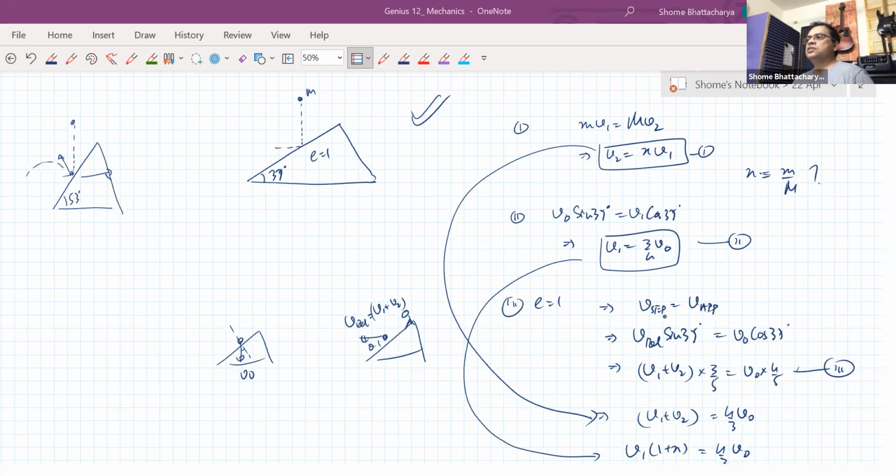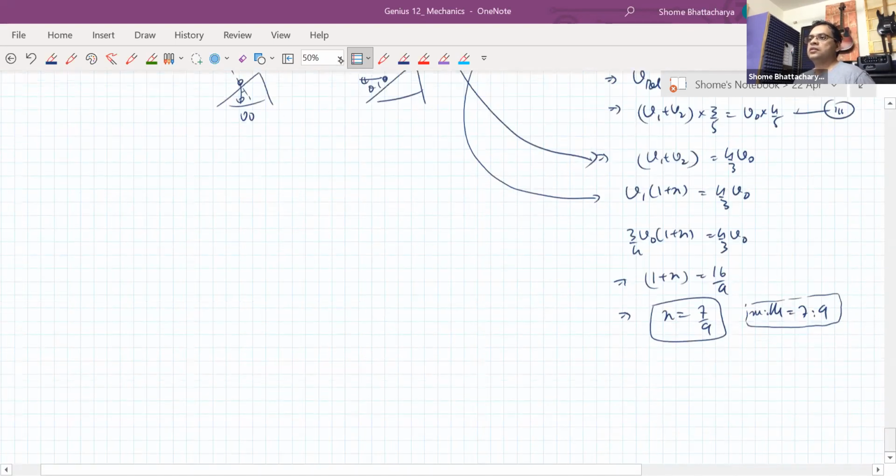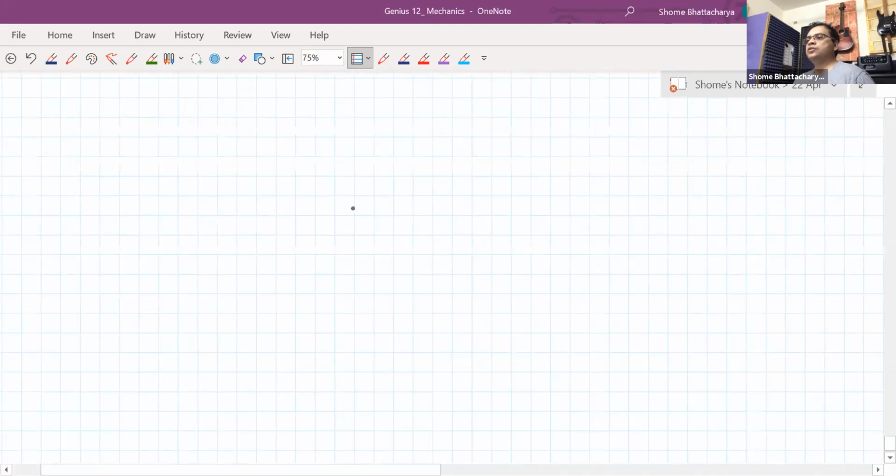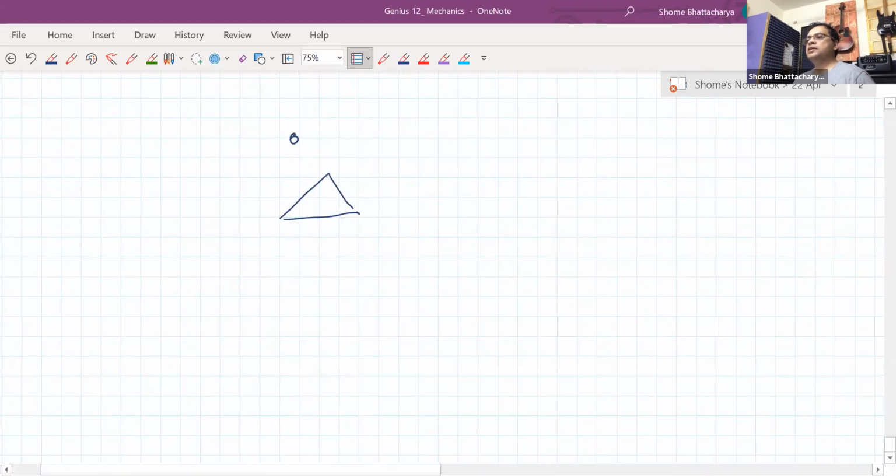So the difference is, if I have a situation like this, suppose I have this triangular wedge and this particle, and they are colliding in free space. Suppose this is gravity free space, or even that these two are on a horizontal smooth surface, so their weights are balanced by normal reaction coming out of the plane.